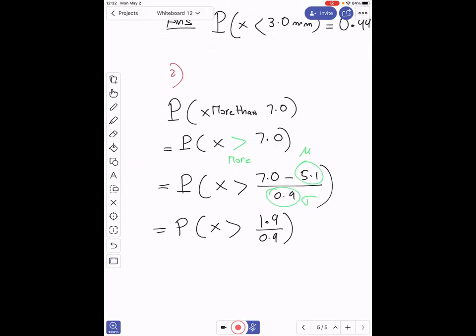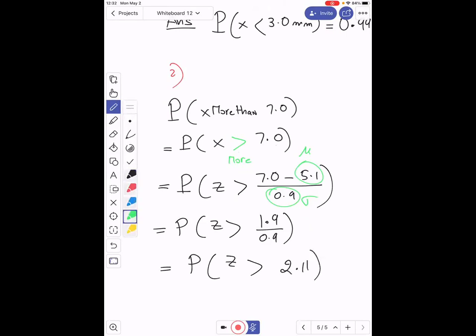You divide, and I think that'll be 2.11. Sorry, this is Z. I convert X to Z, of course. So Z more than 2.11.